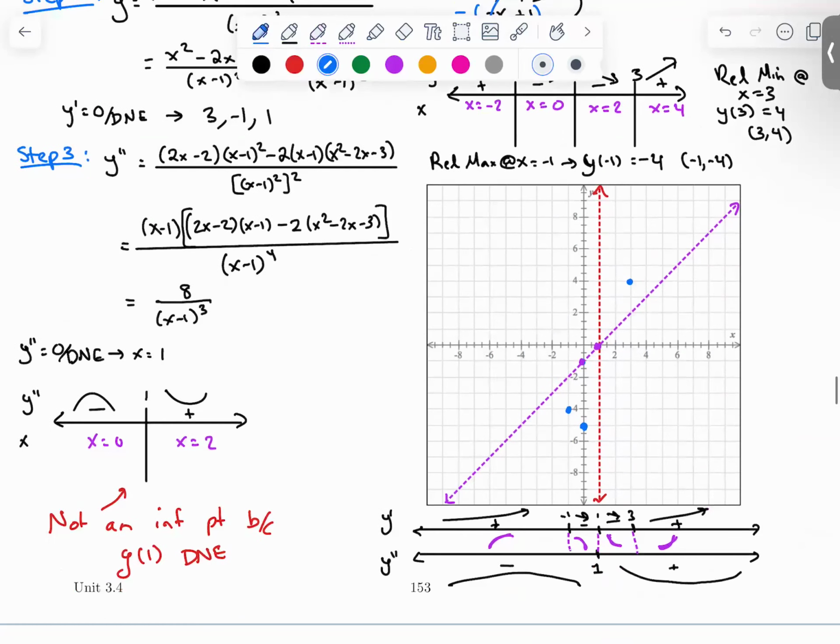And so looking at the shape and remembering that we have to hug our asymptotes, this should look like this. And then kind of a similar situation for the top part, like that. And that is our graph. So that's how we do that one with a slant asymptote. So that'll be the end of this video.